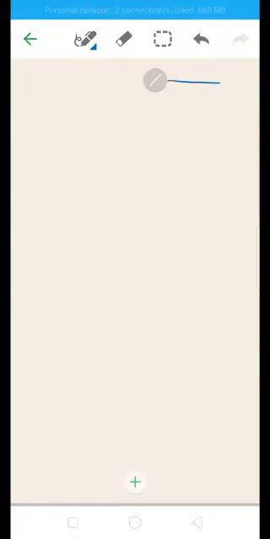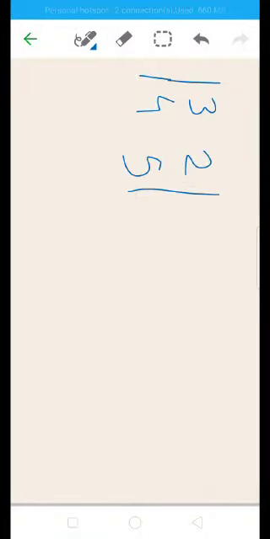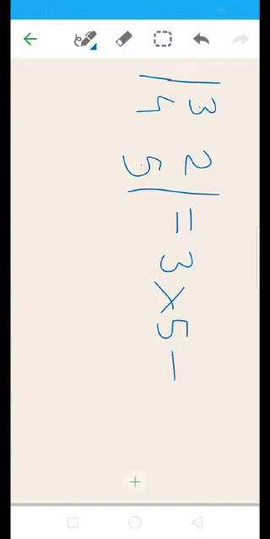In the determinant, there are 3 and 4 in the first column, and 2 and 5 in the second column. How do we solve this determinant? We multiply this 3 with this 5, 3 multiplied by 5, minus this 2 with this 4, 2 multiplied by 4.